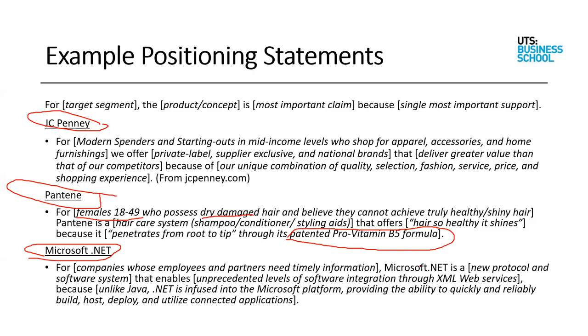And the problem faced by these customers, or the unique need of these customers, is a solution for dry, damaged hair. So it's a very clear positioning statement where the target segment is well known, the problem or the need of that segment is well known, and how Pantene fulfills that need and differentiates itself from the other competitors.